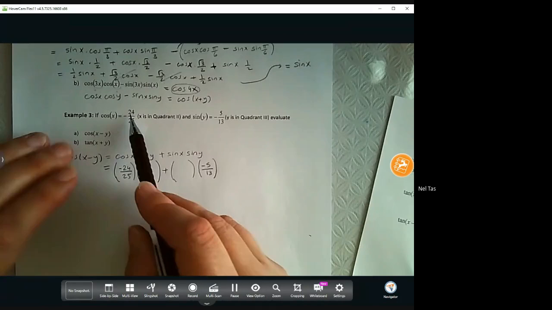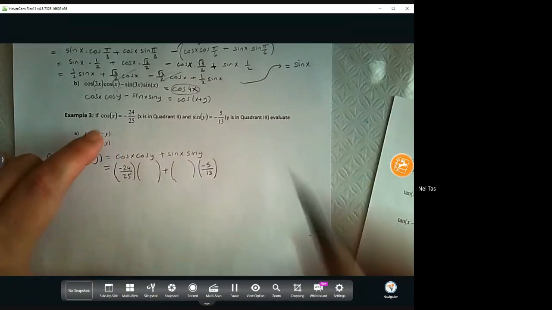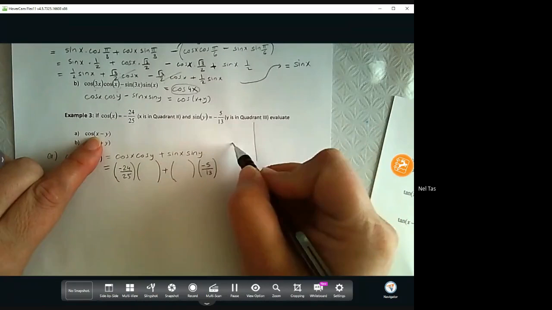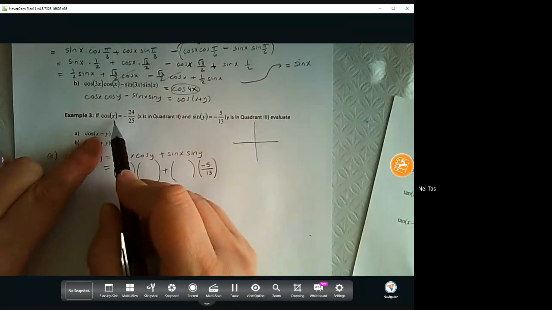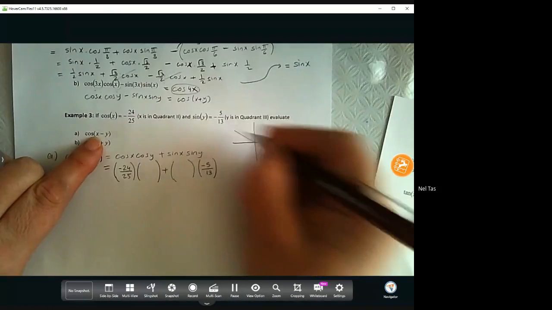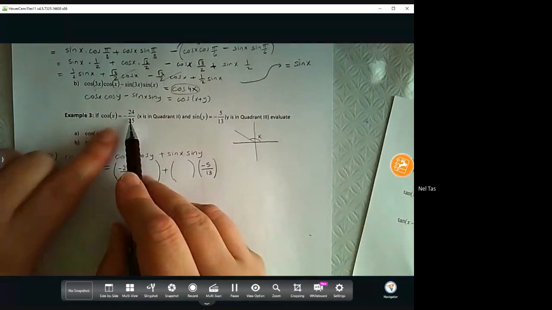So to do that, let's sketch those angles. The angle x is in quadrant 2. That is angle x.